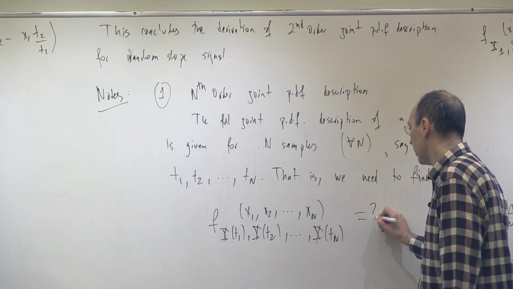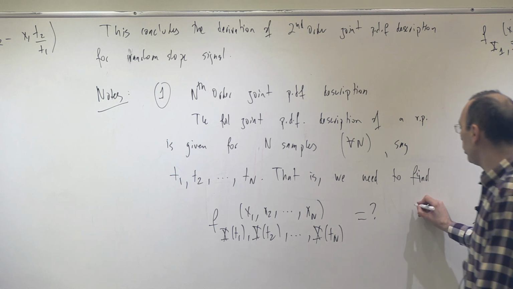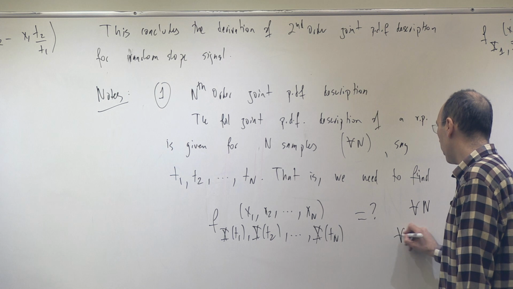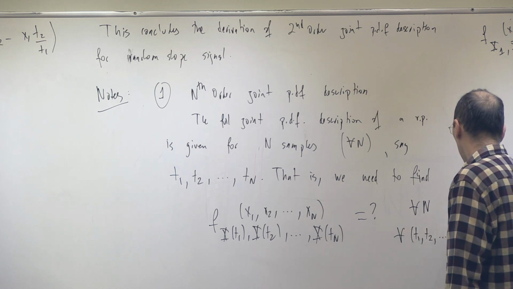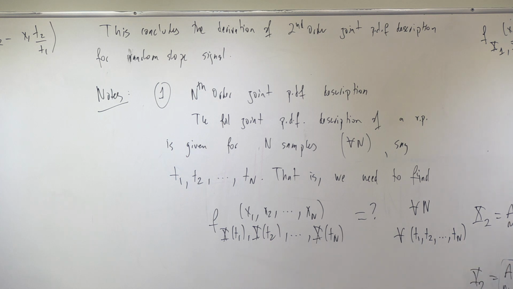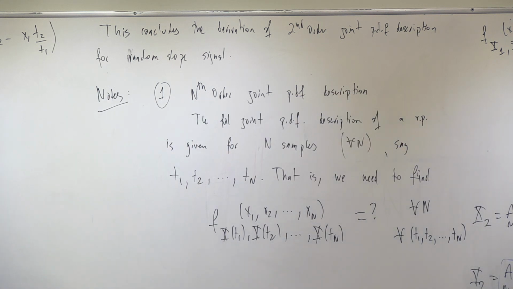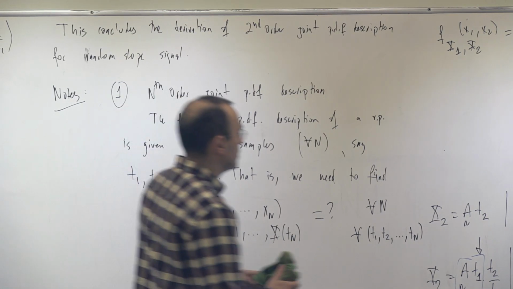Actually, this is, you can think, quite tricky. Why is it tricky? Well, I should do this for all n, first of all the number of samples, and for all T1, T2, up to Tn, let's say, vectors. But that is the best thing we can do. If you are interested in the probability description, you should be finding the nth order p.d.f description. This is the best we can do with random processes.